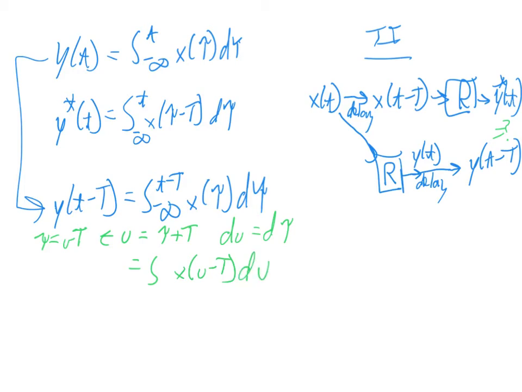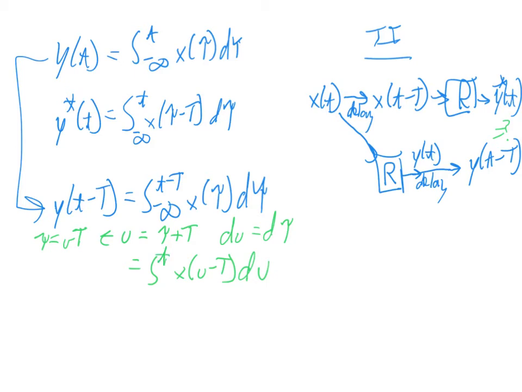And now I have to adjust the limits to be in terms of u. So I take the old limit and I add capital T to it per the substitution. So negative infinity plus the finite value T is still going to be negative infinity. And then small t minus capital T plus capital T will just be small t.